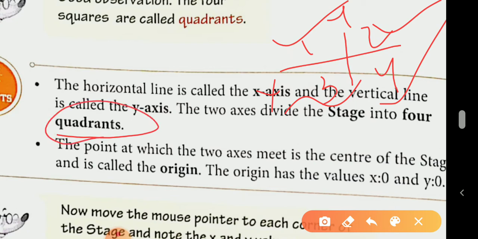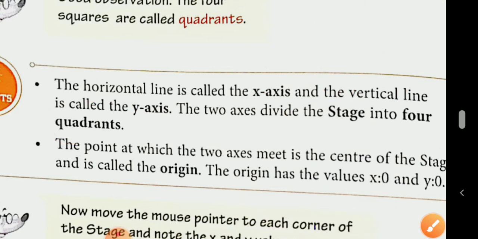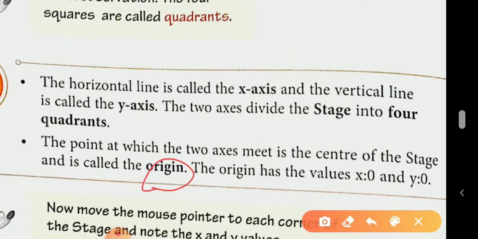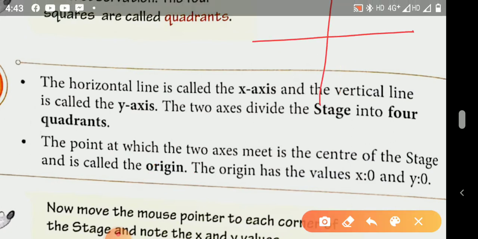The point at which the two axes meet is the center of the stage and is called the origin. Two axes mean the x-axis and y-axis.